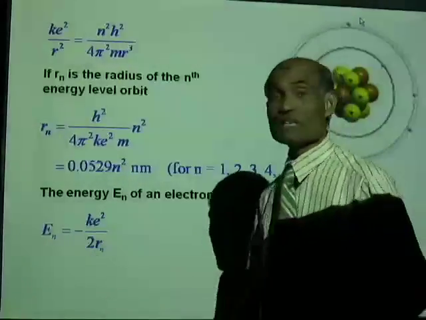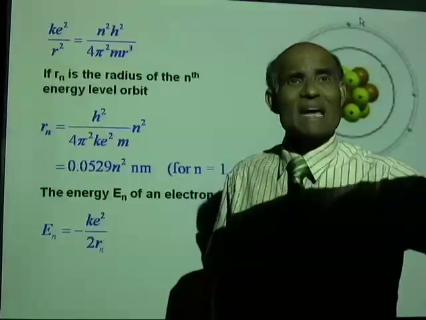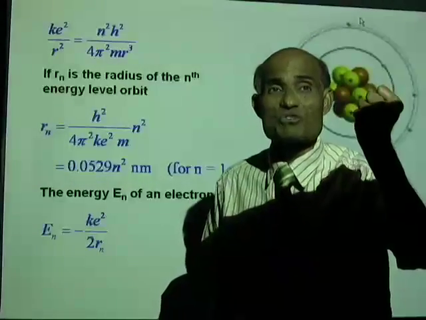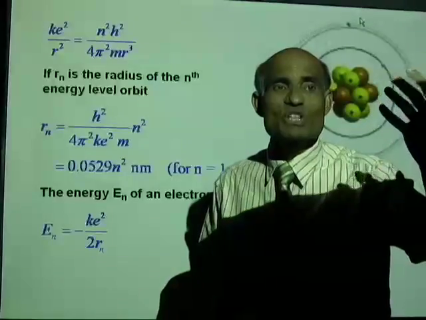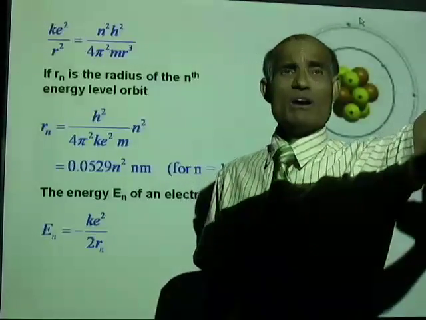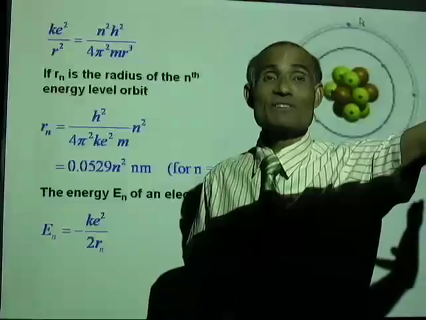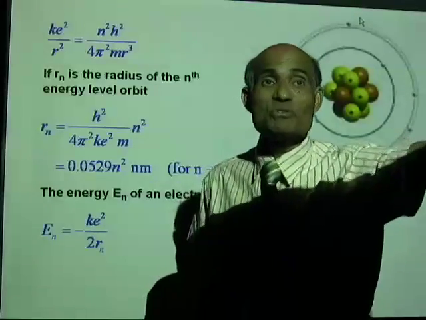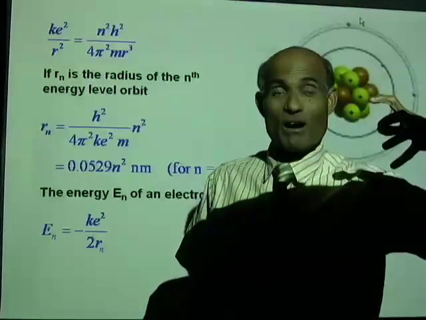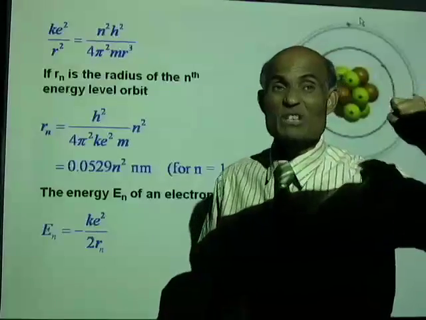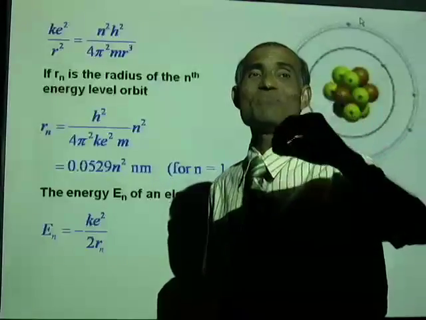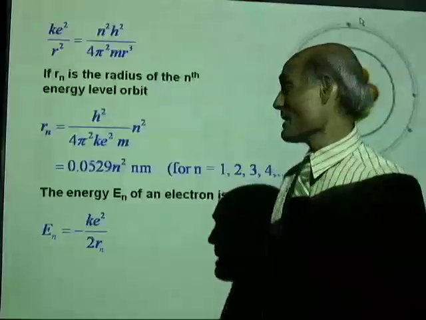Now, this is actually something that we've learned in mechanics. The potential energy of an object at a distance r is negative G m1 m2 divided by r. Is that right?